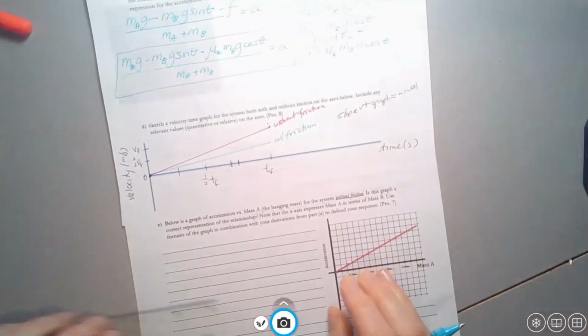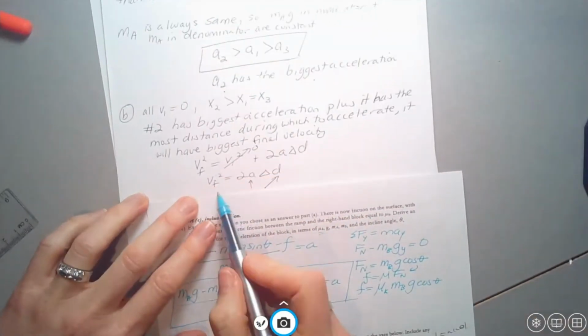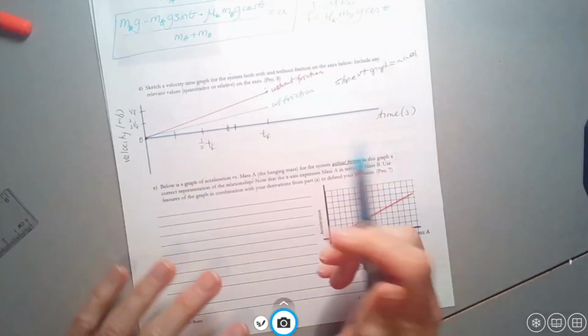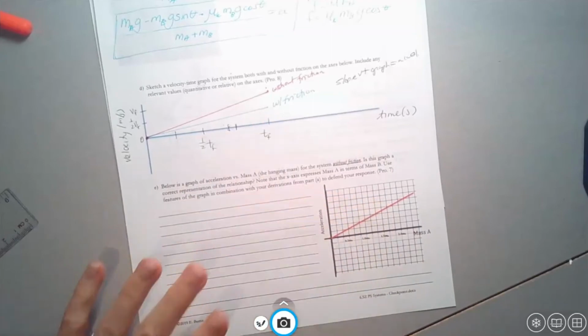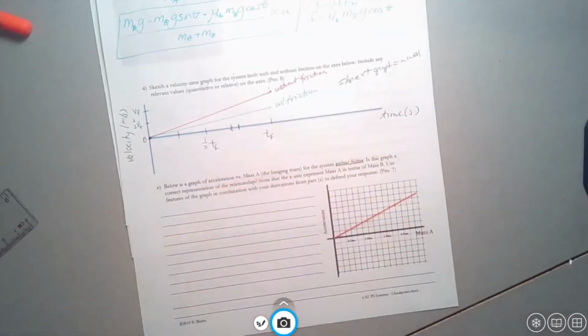And if we look a little bit at this derivation here, you can see the acceleration is related to V squared. This is not important. We're not doing this to scale. We're just doing rough. It's going to be smaller.